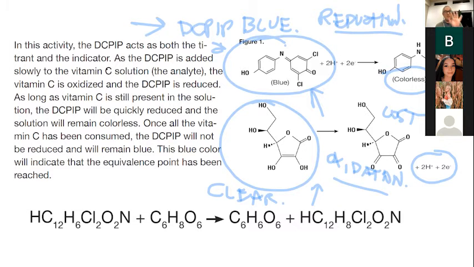Now, at some point, I'm going to be adding, drop by drop, blue oxidized DCPIP. When will it stop going from blue to clear and remain blue? At what point will it do that?